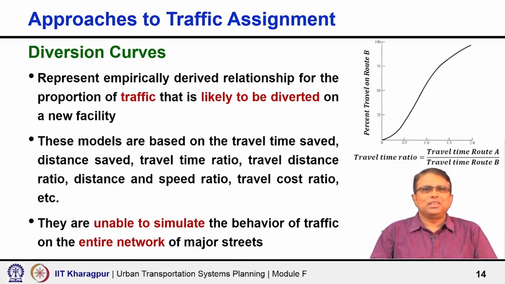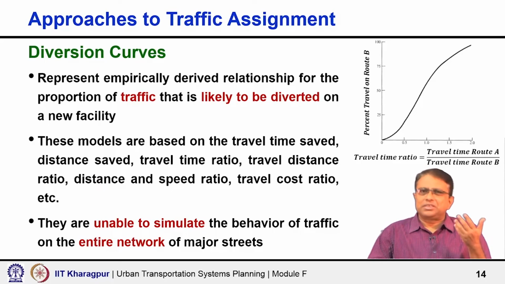As I say, multiple things are there, but remember, they are not able to simulate the behavior of traffic on the entire network. They are mostly used when you are just considering maybe a road passing through a town and you construct a bypass route, and you want to find out how much traffic will get diverted to the bypass. You can use a simple model like the diversion curves.